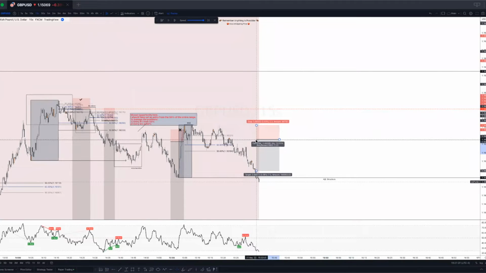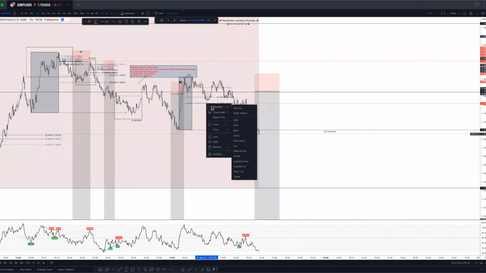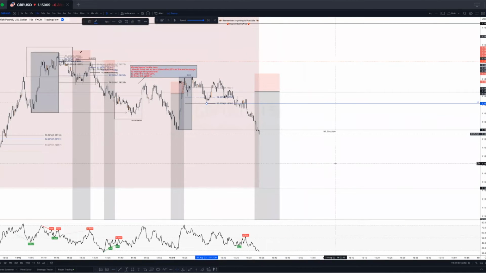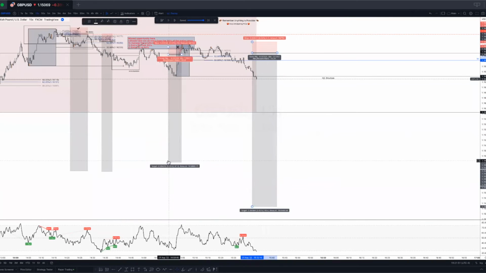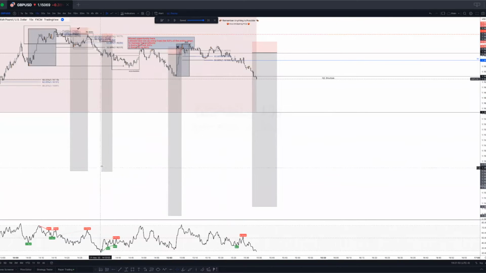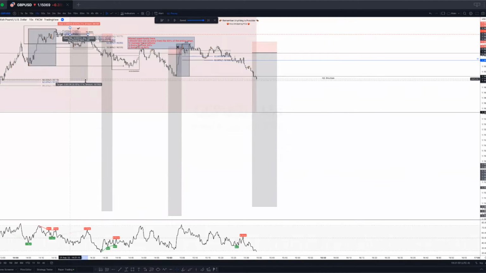I look for a schematic. So I set the entry here with the high here. I look for a schematic if it comes back to this 50. So set this at the 50 and look for a schematic there. This one I'm still in. This one is running 6.8 right now.